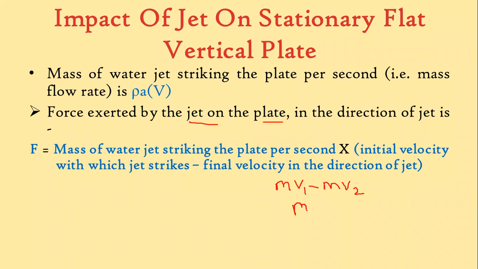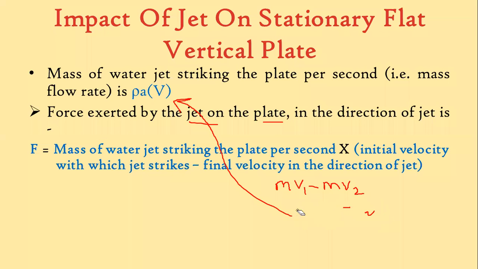Here m will be constant, and m will be the mass of jet striking the plate per second, that is rho av. Your v1 will be the initial velocity of the water jet in the direction of the plate, and your v2 will be the final velocity of your water jet after it has struck the plate.